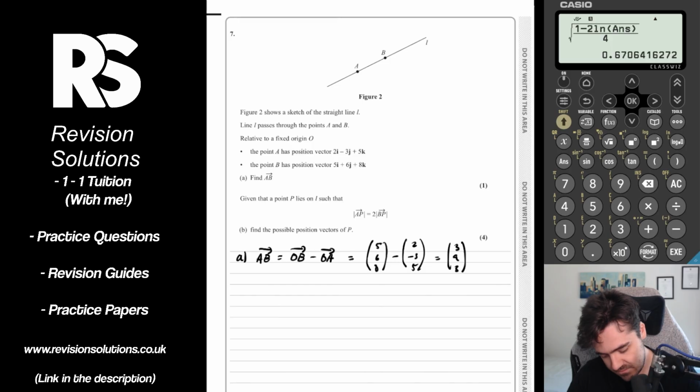Well, first off, if A to P is twice the length of B to P, we know it needs to be closer to B. And one really simple way to get a point for P is if we just split the distance from A to B in a ratio of 2 to 1, then we know that if this is 2/3 of A to B, and this would be 1/3 of A to B, it's twice as far from A as from B. So we can find our first solution.